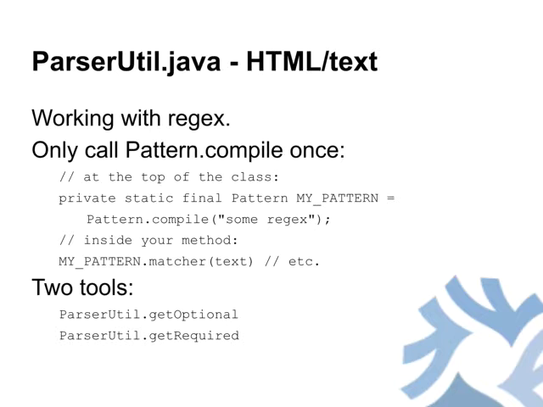If you're working with regex, there's one particular pattern that I'd like you to follow, and that is to put your Pattern object with Pattern.compile, passing the regex string into it, at the top of the class as a private static final. This will make the regex compile once for the class across the parsing utility.